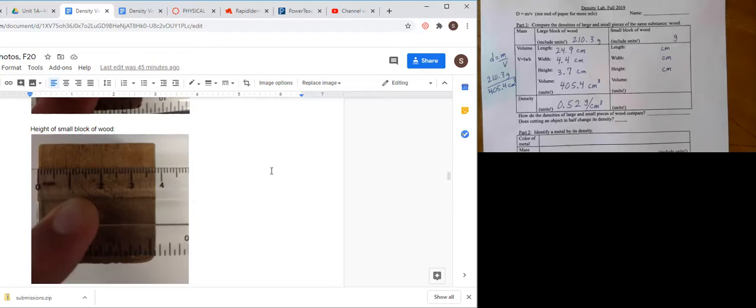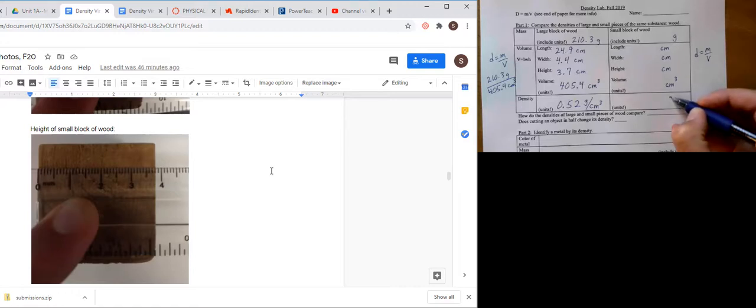Once you have those three answers, you'll want to calculate the length times the width times the height, which will give you your volume. That will be in cubic centimeters. Then finally, you're ready to calculate density, which is mass divided by volume. Do that and round your answer to 2 decimal places.